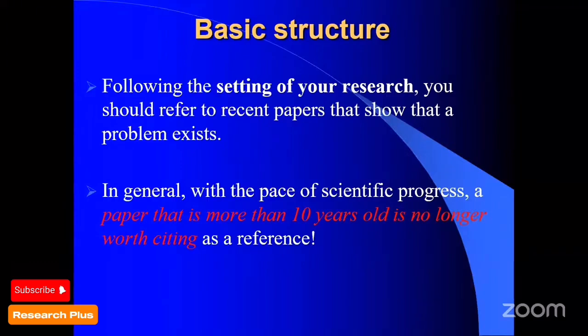In general, it is recommended that we should stick to references that are 10 years old or less. In fact, some journals actually ask for 5 years, some ask for 2 years, especially those that are trying to build their Thomson Reuters impact factor. They want more recent references because citations of more recent publications are useful in calculating the impact factor of the journal.